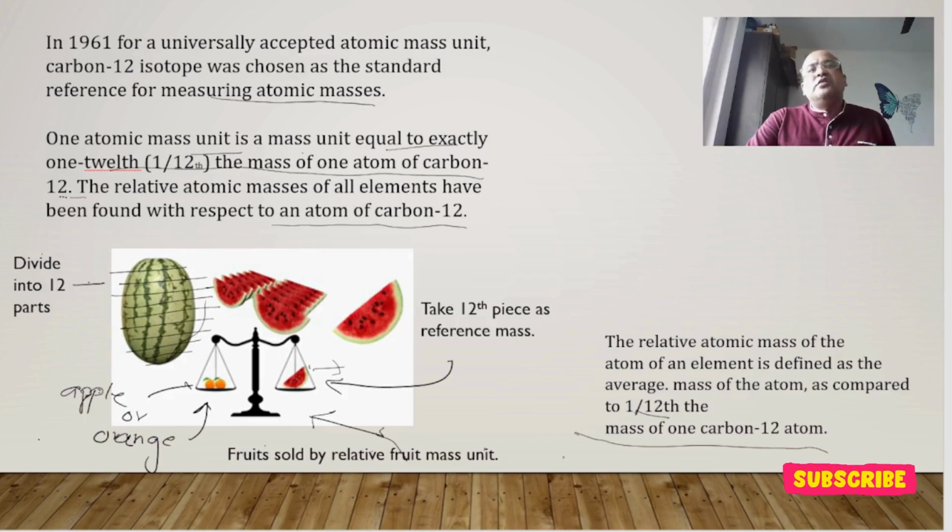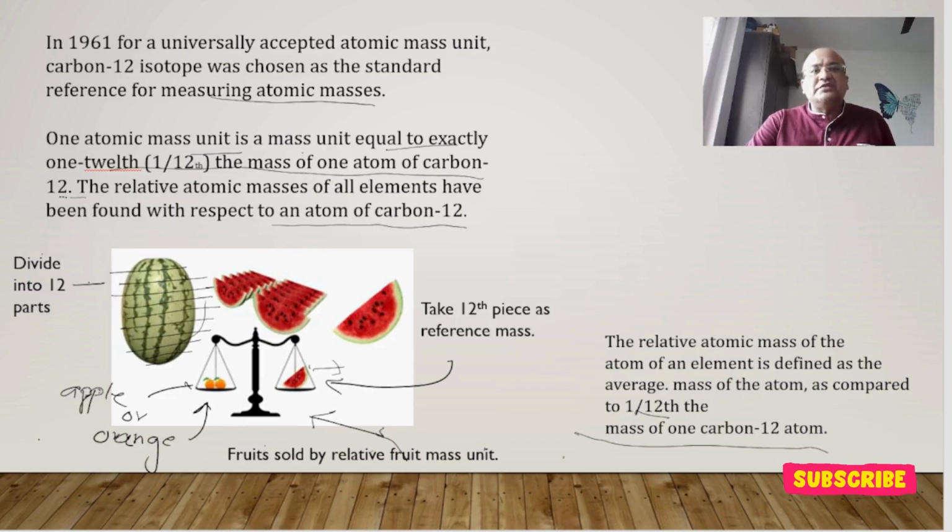In 1961, for a universally accepted atomic mass unit, the carbon-12 isotope was chosen as the standard reference for measuring atomic masses. One atomic mass unit is a mass unit equal to exactly 1/12 the mass of one atom of carbon-12, like the example we have given.